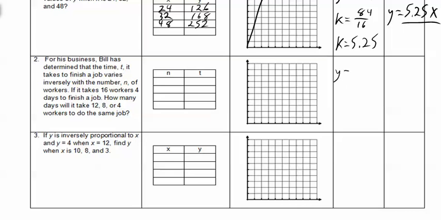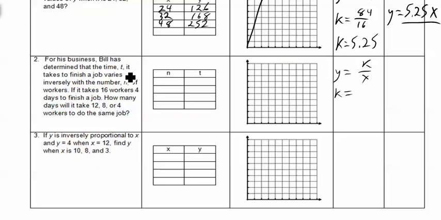So y equals k over x. Remember, since this is on the bottom, we're going to multiply x and y together to get k by itself, so k is going to equal y times x. Actually we're doing n and t.